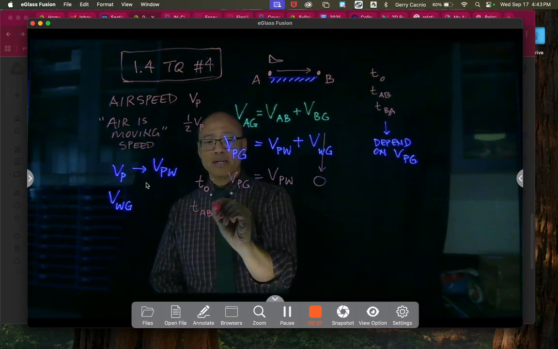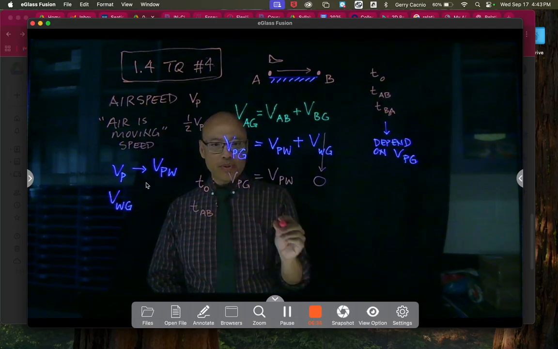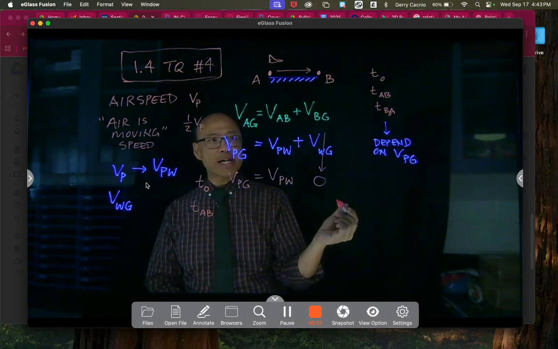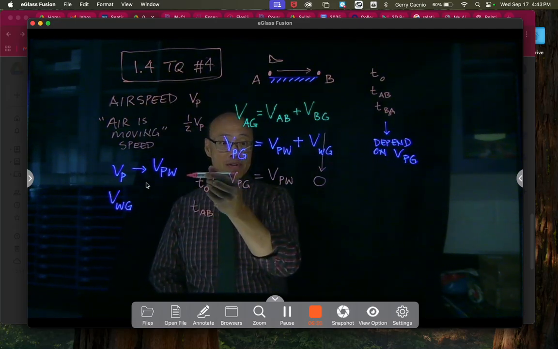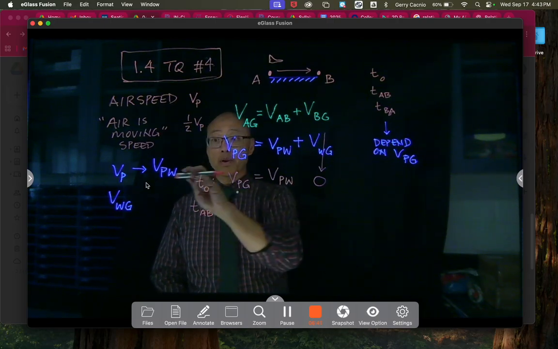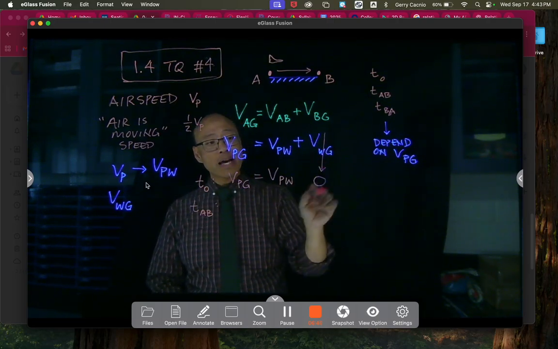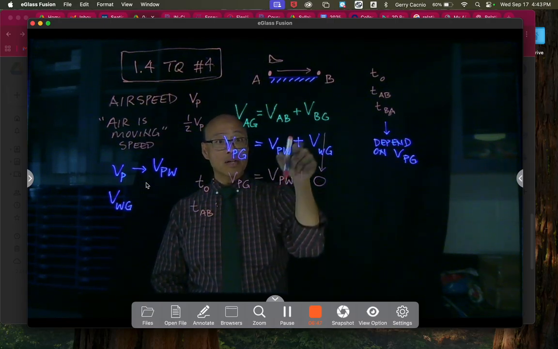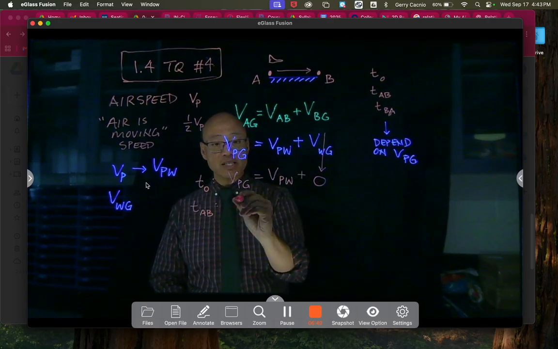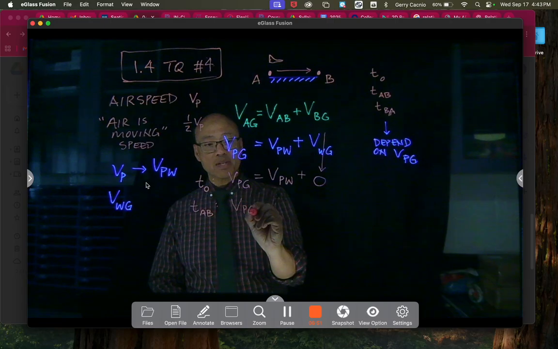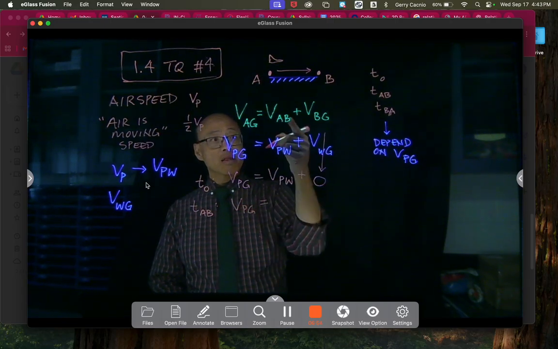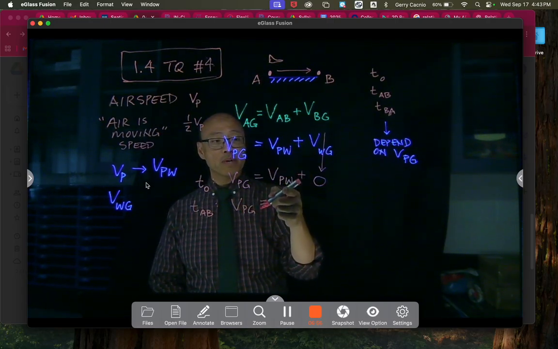TAB. That one, the problem states that the wind is blowing against me, so it's blowing to the left, and the plane's going this way. The plane is going from A to B, but the wind is blowing from B to A. So how do we match that to this equation? Well, in this case, the velocity of the plane relative to the ground is going to be the velocity of the plane relative to the wind, which is what?